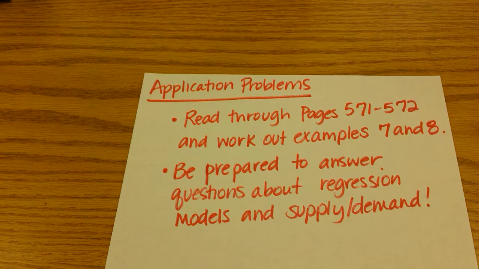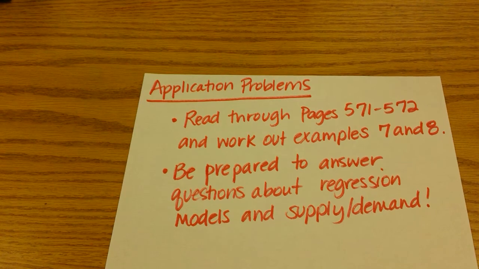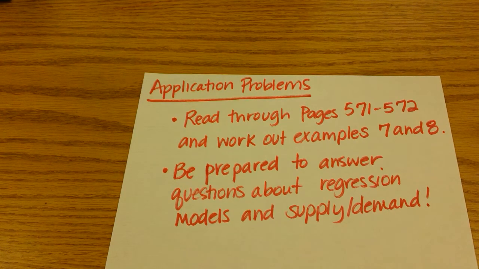Be prepared tomorrow to answer questions about regression models, how to find them, how to do the scatter plot on your calculator, and how to solve an application problem given regression models, okay? You also need to read the part on supply and demand, talking about different business models and whatnot, okay?